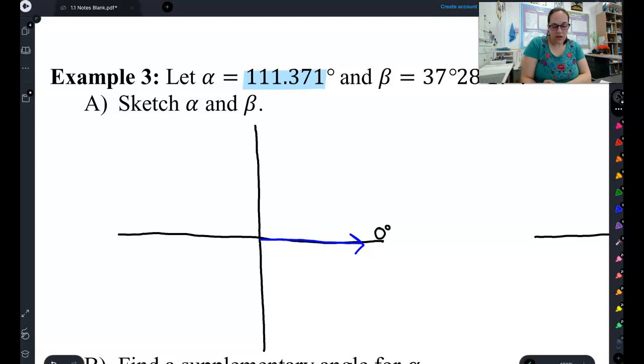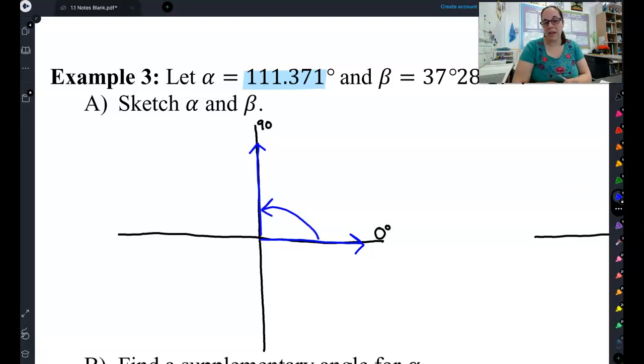I always start here, that's 0, that's my initial side. Now, if I go up to the positive y-axis, that's a right angle. So this is going to be 90 degrees. Meaning, if I had an angle here, from the initial side to the terminal side would be a 90-degree angle.